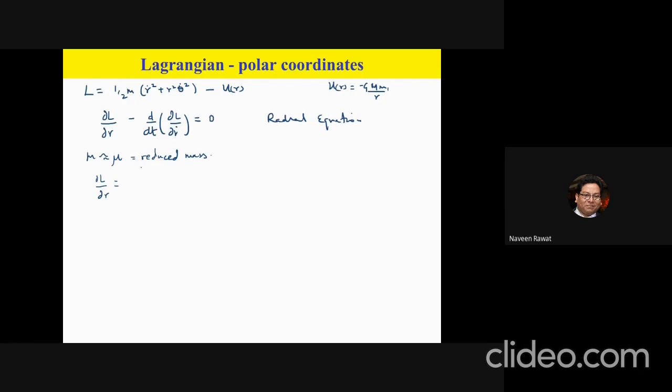So when I take the partial derivative, I'll get 1/2 m times the derivative of this function, which is going to be 2r, and then I have theta dot square. So that's my first expression here, and then I will get the partial derivative of this potential, because U is a function of r.